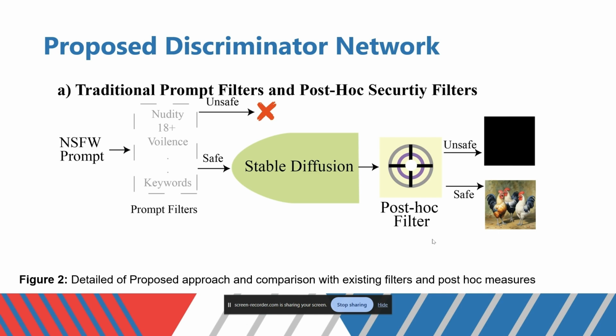In current traditional prompt filters, it is filtered directly without generation of the image, and if the prompt contains unsafe or NSFW content, it is considered unsafe and the user is blocked from generating an image. If the resulting generated image is NSFW, it is unsafe, then a black image is returned, otherwise a safe image is returned.